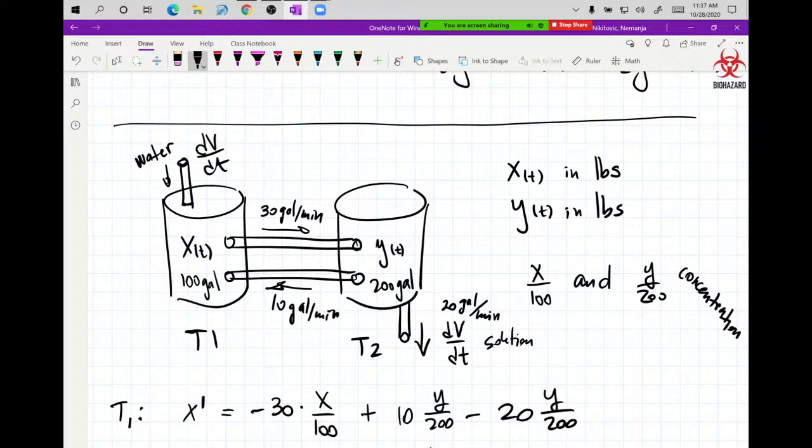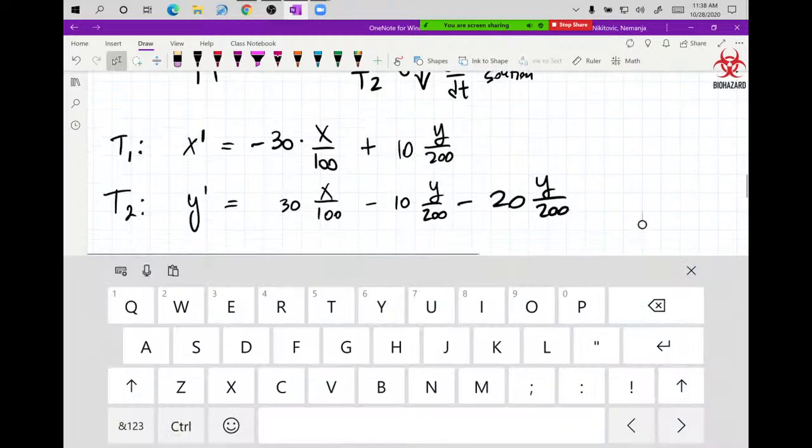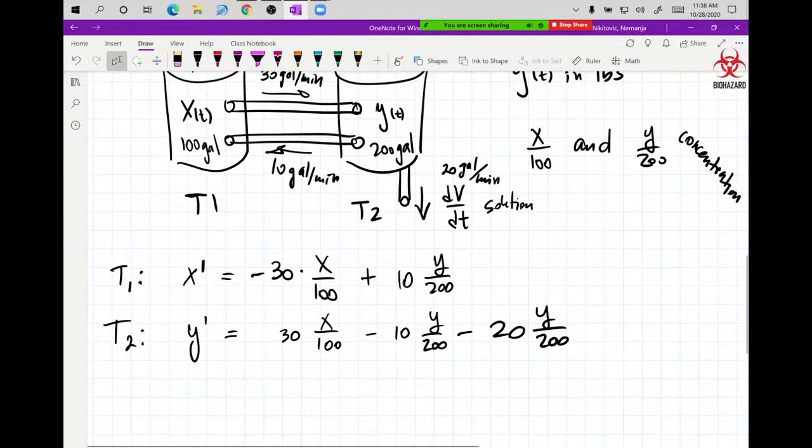You can see that since you are always adding clean water and the solution is flowing out, everything is getting more and more diluted. So now, wait, this negative 20 was supposed to be on the bottom equation. Tank 2 is losing this, not tank 1. There we go. Tank 2 has the exhaust.